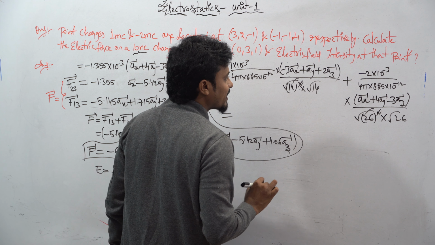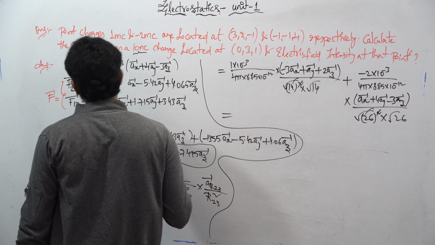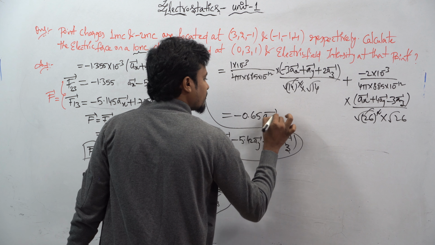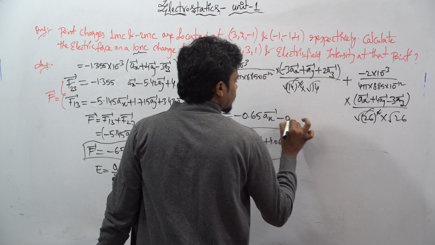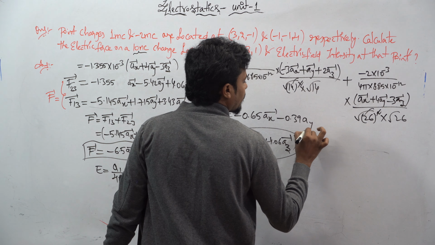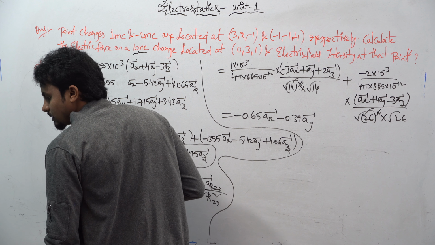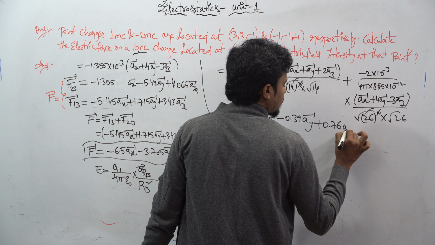You will get your answer: minus 0.65 ax bar minus 0.39 ay bar plus 0.76 az bar.